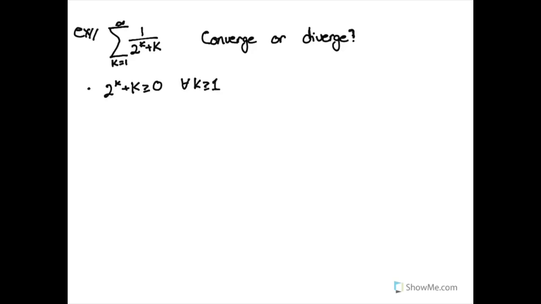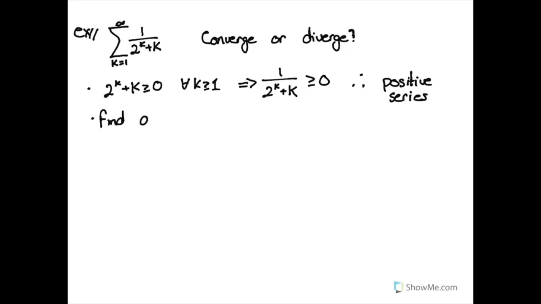Both terms are positive, and 1 is obviously greater than or equal to 0, so we are working with a positive series. So we can actually use the comparison test. And the next step is to find a series for comparison.